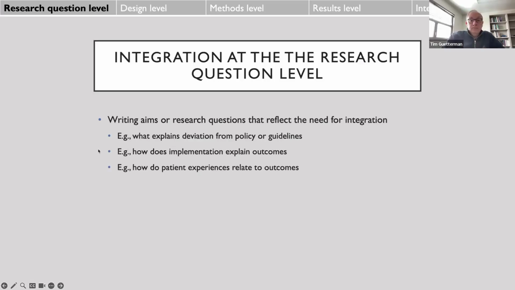So, for example, maybe the need for integration is related to a research question where you need to know what explains a deviation from policy or guidelines. What explains what is happening? Or how does implementation, so more process, explain outcomes, more quantitative outcomes?